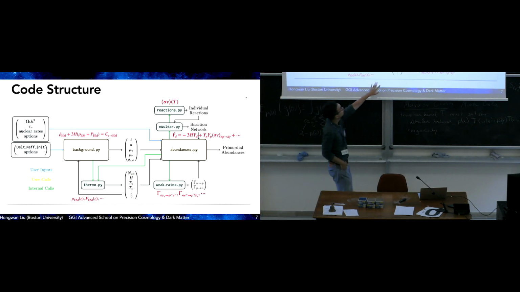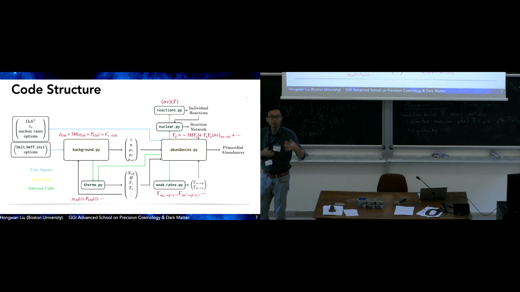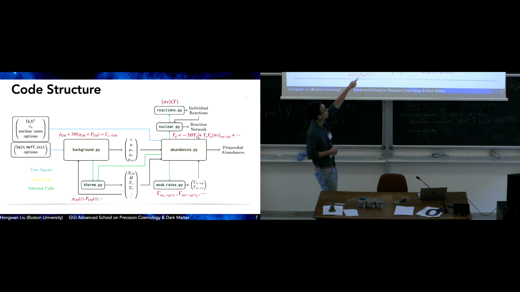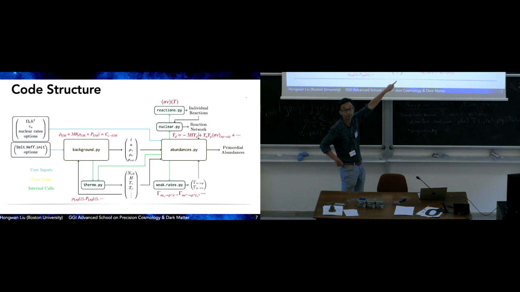Okay. Then you take all of the background quantities and you put it into the abundance module, and that's where all these differential equations are hiding. The nice thing that we did was we have a nice library of reactions. You can pick and choose which reactions you want, put them into something in nuclear.py, which builds these networks, and then it actually looks at each reaction and cleverly puts together this differential equation here.